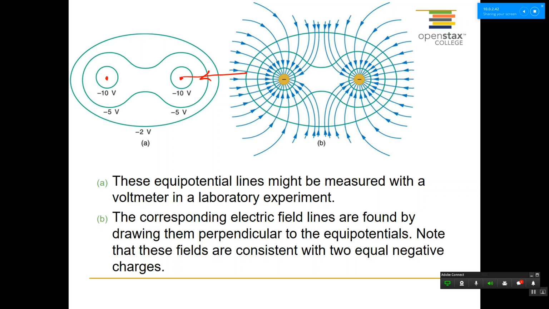Okay, so we drew one. There's no point in just drawing one. Let's draw a whole bunch. So you guys do this on your page. Try to make electric field lines such that they intersect everything at a 90-degree angle. It's not going to be easy.